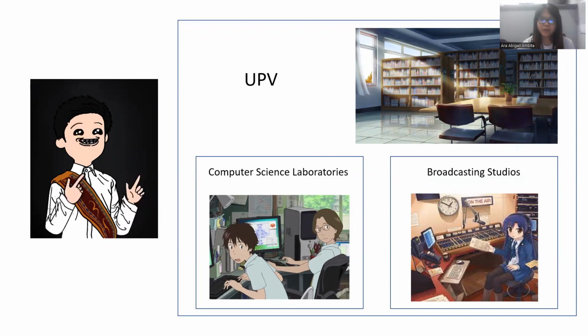Also if you are a CMS student, then you are able to access these broadcasting studios. But since you are not enrolled in CMS, you are not able to access this broadcasting studio without permission.